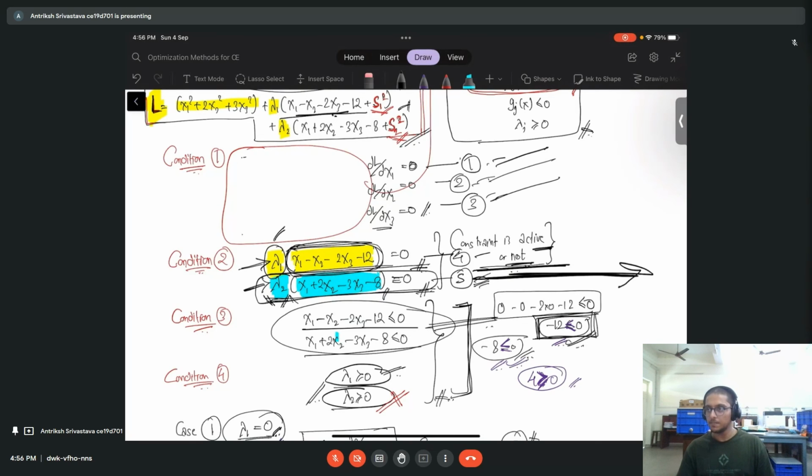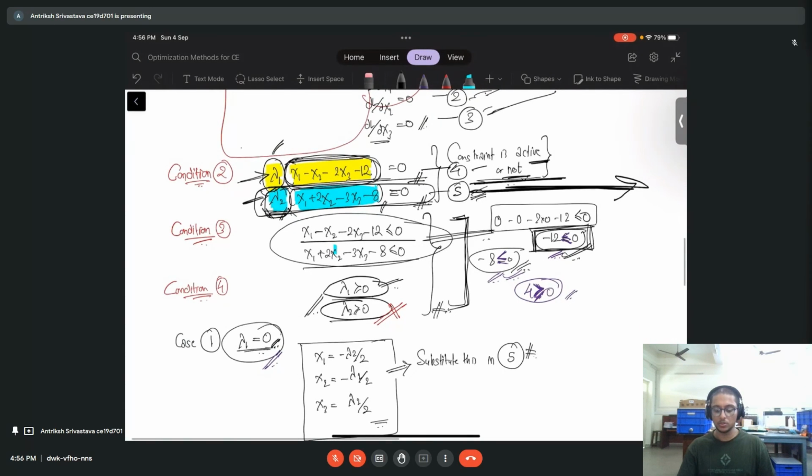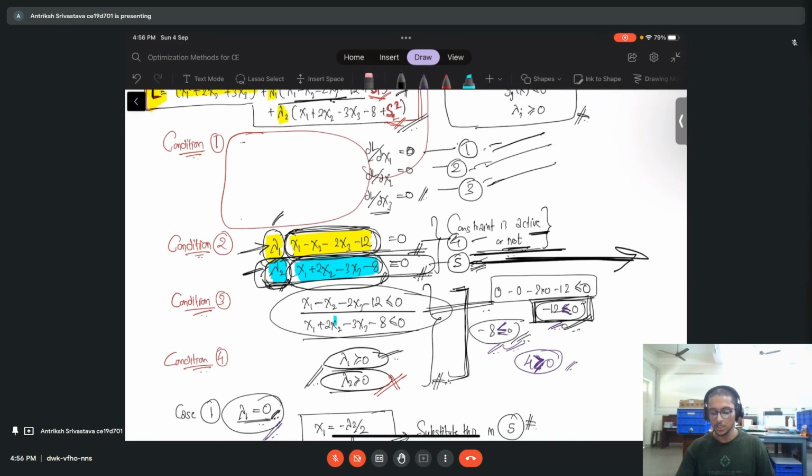In the same way, if you say that case 1 will be lambda 2 equal to 0 and case 2 will be this particular inequality equal to 0, then we will use equations 1, 2, 3, and 4 to solve for x1, x2, x3 and check the inequalities.